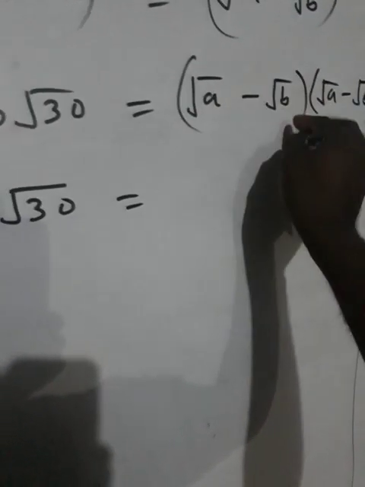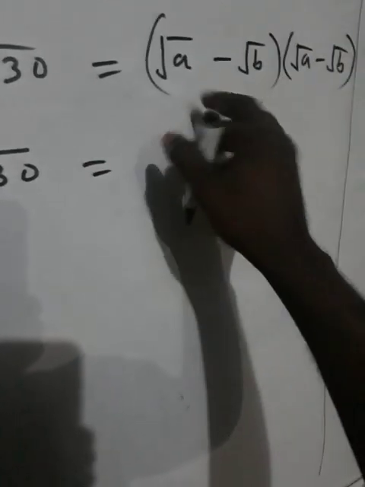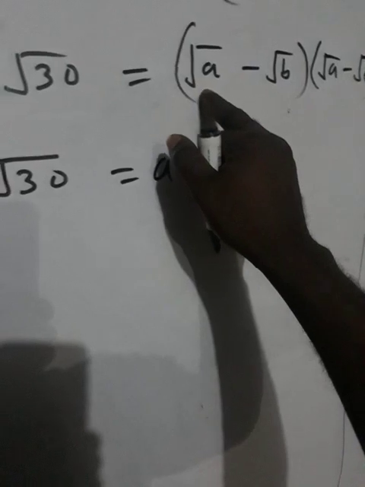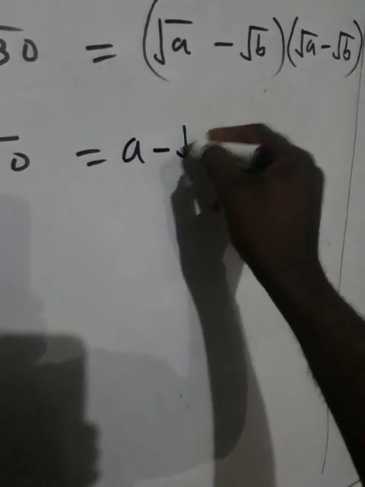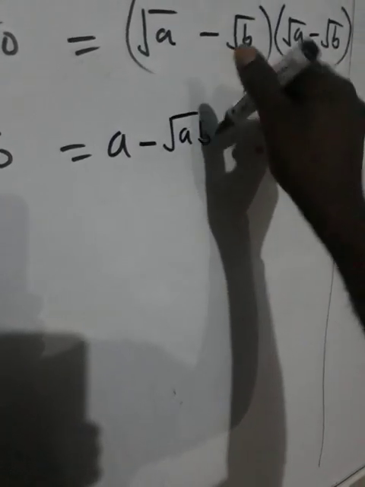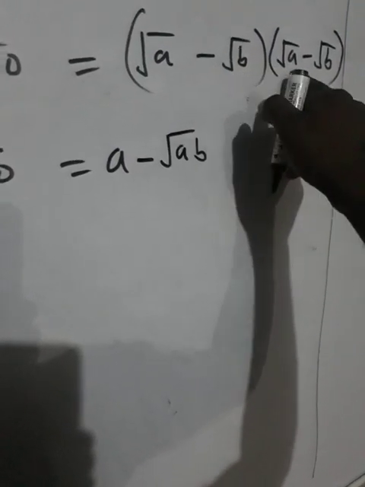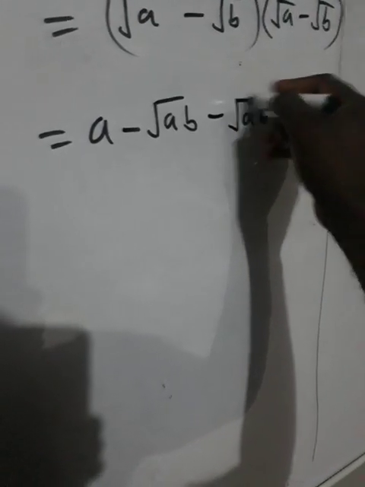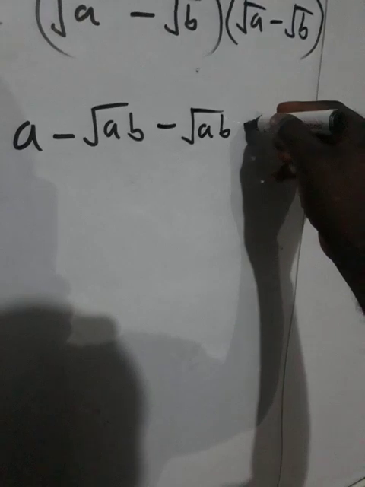When you finish multiplying, you do the same to this. Let's multiply. Root a times root a will give us a. Root a times minus root b will give us minus root ab. Minus root b times root a will give us minus root ab. Minus root b times minus root b will give us minus b.